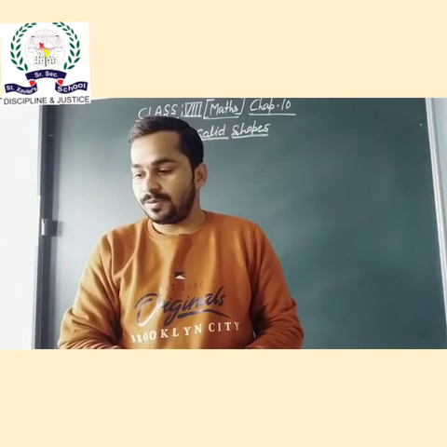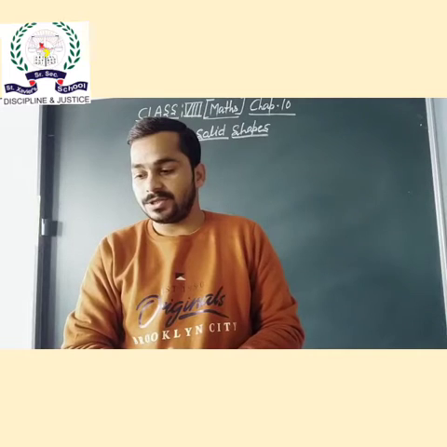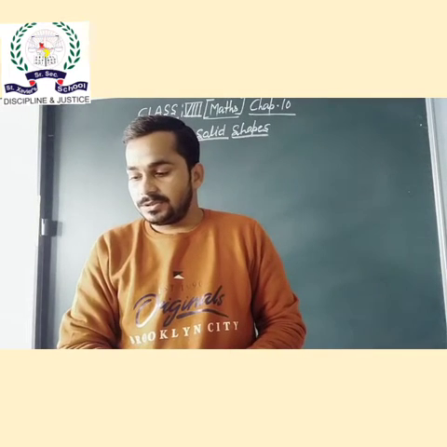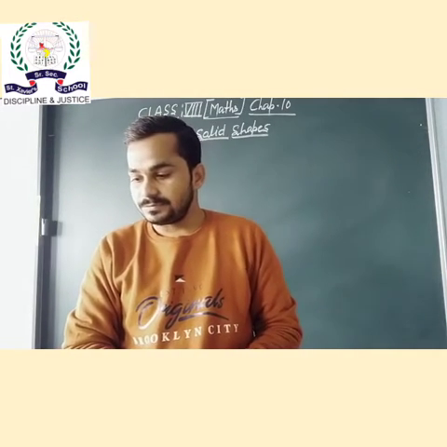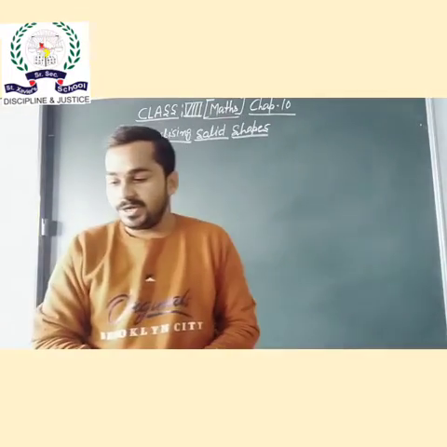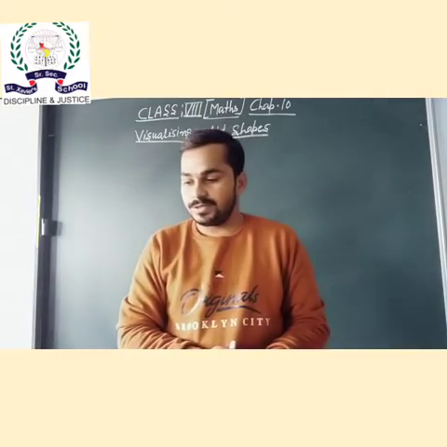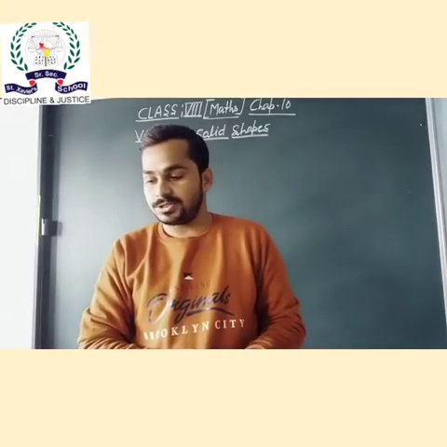So first we have to know about the faces, vertices and edges of a three-dimensional shape. Each flat part of a solid is called its face. This solid shape has 6 faces.